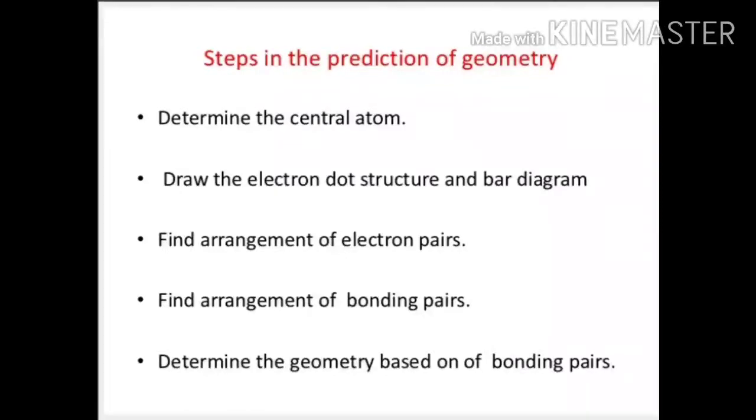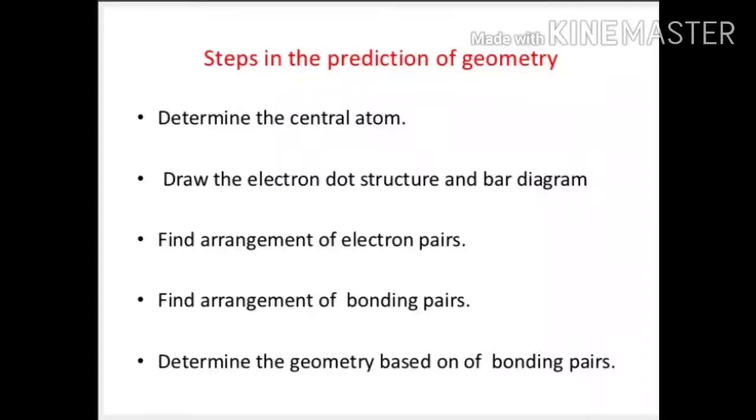First of all, we determine the central atom. It is the one which is present in the minimum number. For example, in sulfuric acid, the number of sulfur atoms is 1, so it is the central atom. After this, we draw the electron dot structure to find the total number of valence electrons.